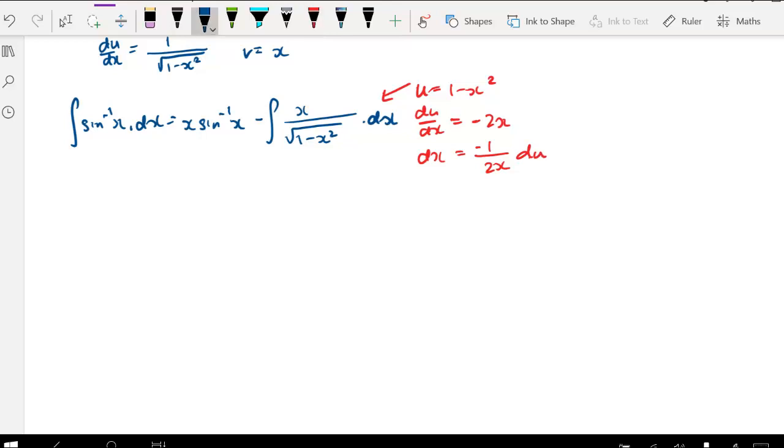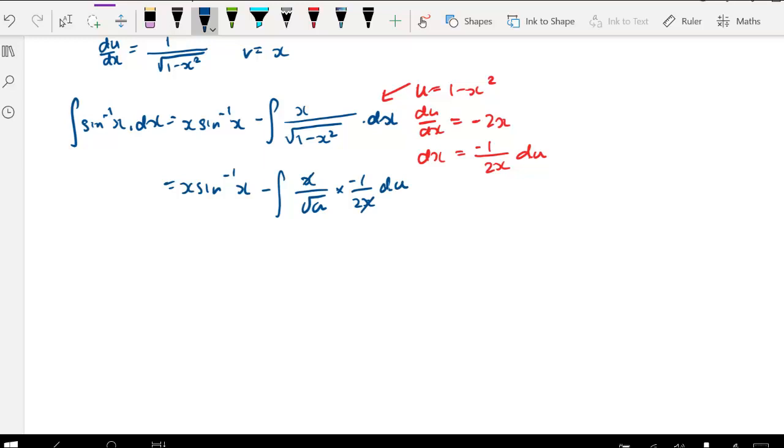And when we put this all back in, then we've got x sin to the negative 1 of x, subtract the integral of x over square root of u multiplied by negative 1 on 2x du.